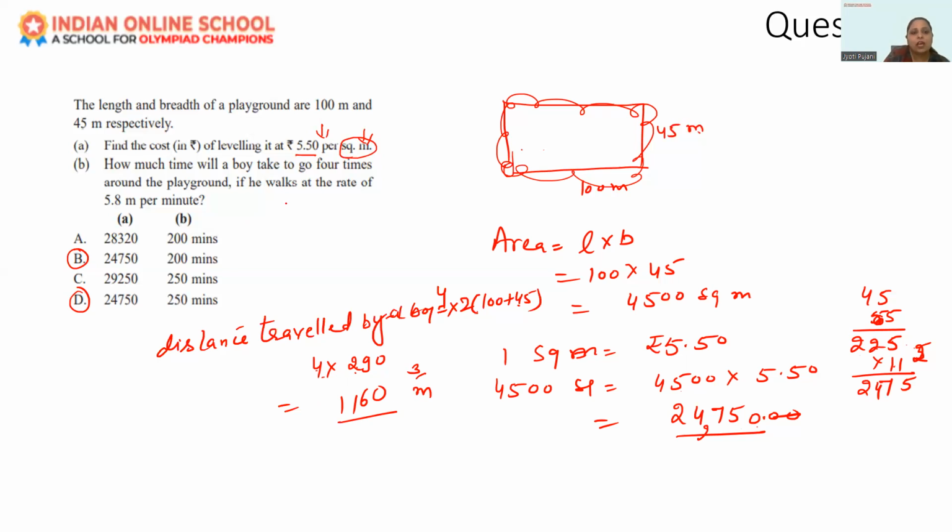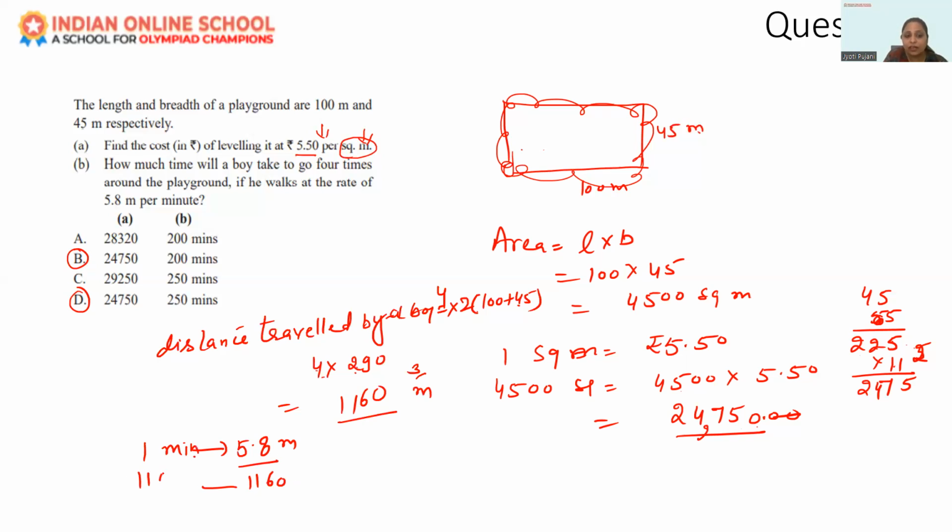Now, he walks at the rate of 5.8 per minute. In 1 minute he walks around 5.8 meter. For 1160 meter, how long will it take?